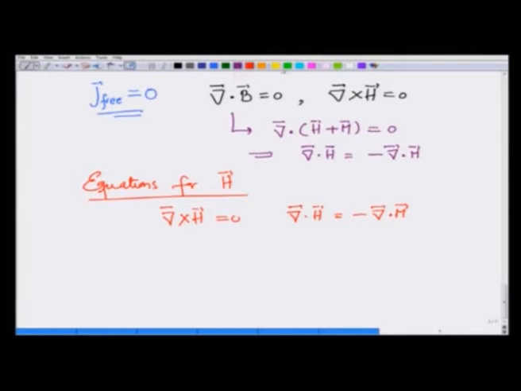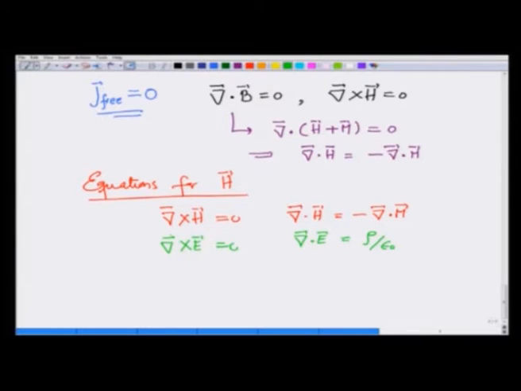This is very similar to a situation in electrostatics, where I had curl of E equal to 0 and divergence of E is equal to rho over epsilon 0.